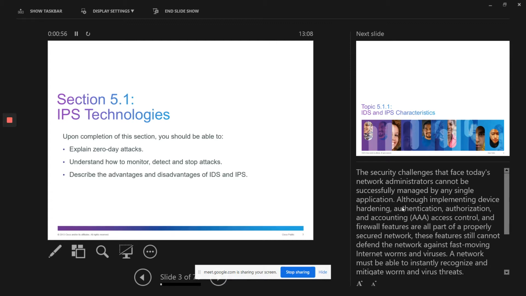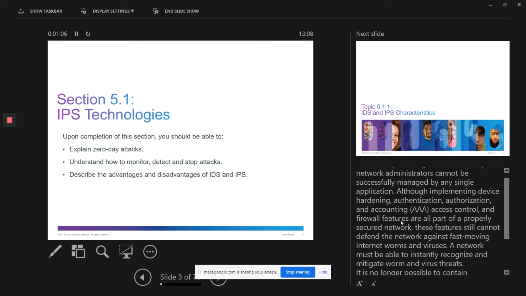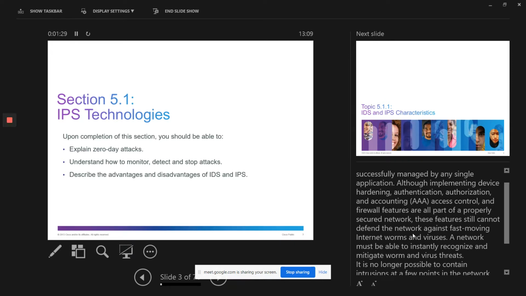Although implementing device hardening or authentication, authorization, accounting, the AAA concept that we discussed before, and the firewall features are all part of a properly secured network, these features still cannot defend the network against fast-moving internet worms and viruses. In this scenario, a network must be able to instantly recognize and mitigate worm and virus threats.